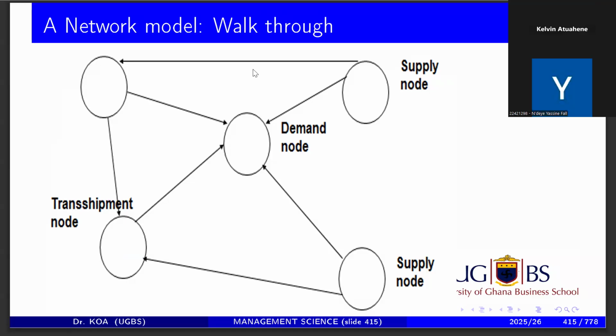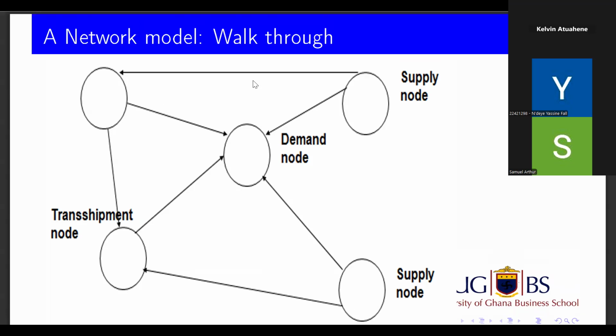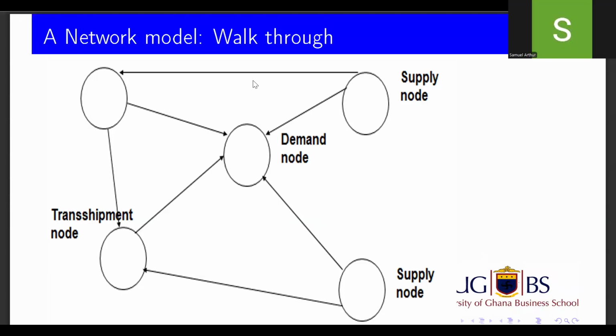Calvin. 5. 5, wrong. Next person. Samuel. 7. So the decision variables are 7. They are represented by the arc. The constraints are 5. They are represented by the nodes.